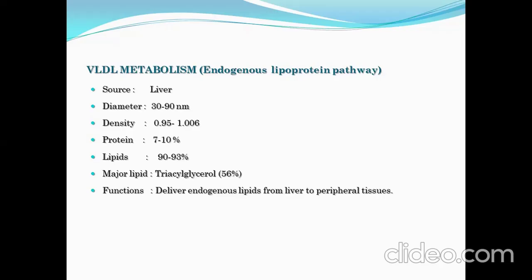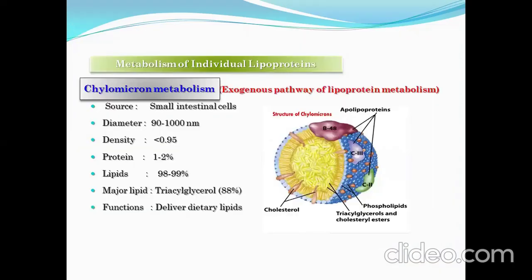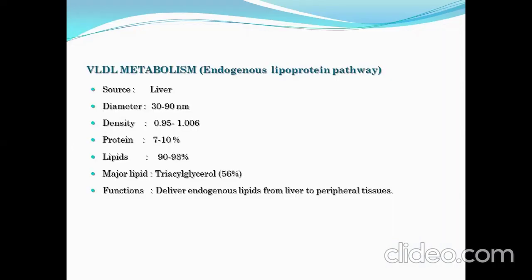And the diameter is 30 to 90 nanometer. The previous one's diameter is 90 to 1000 nanometer, whereas VLDL is 30 to 90 nanometer. Density is 0.95 to 1.006.